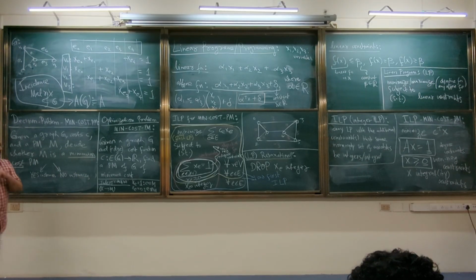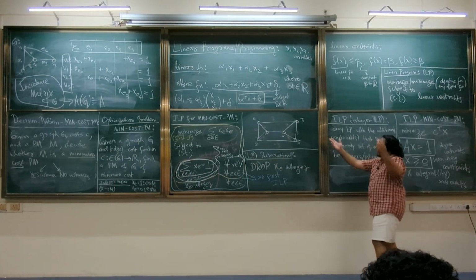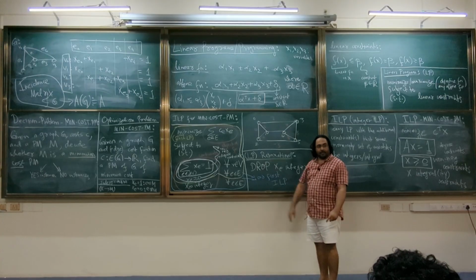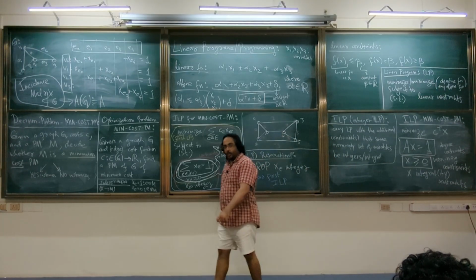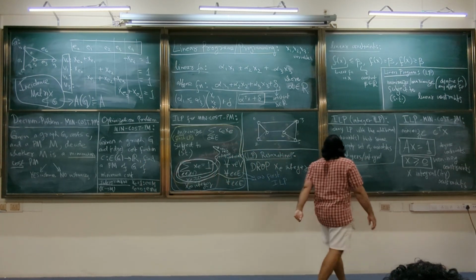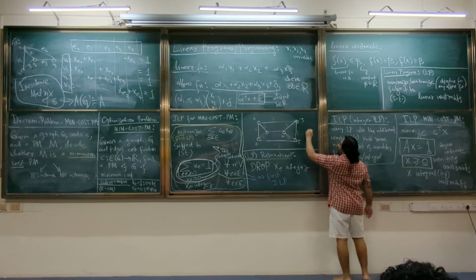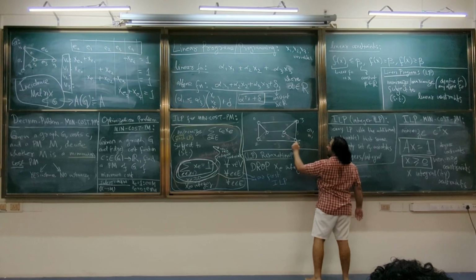Let's do a quick example. Let's do this graph. Why not? I've already written down the costs. We anyways know how many perfect matchings there are. So I will choose one. I will choose the obvious perfect matching: 0, 3, 1, 4, and 2, 5.